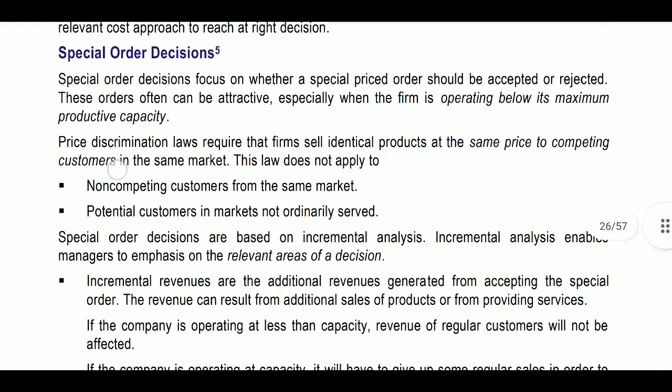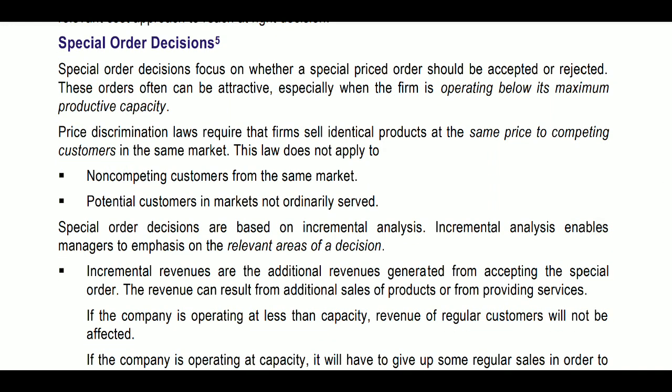Next, special order decision. One special order decision is like, if you have a special price order, we can accept or reject.